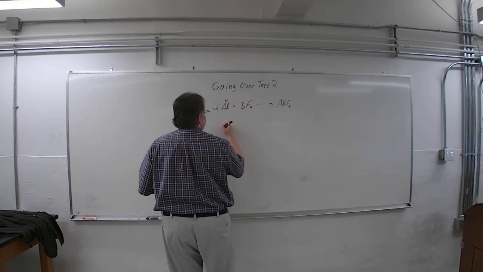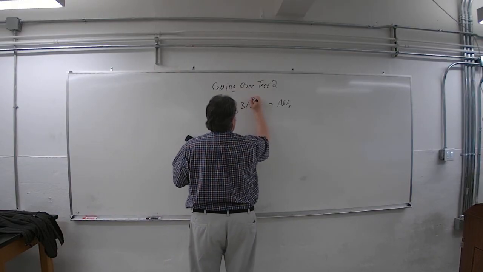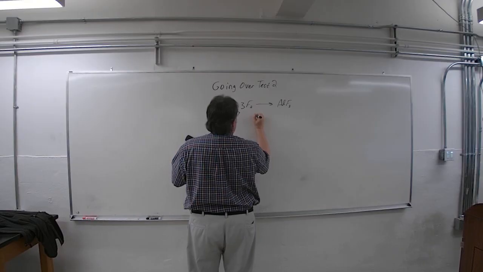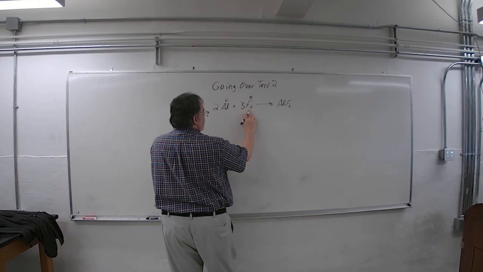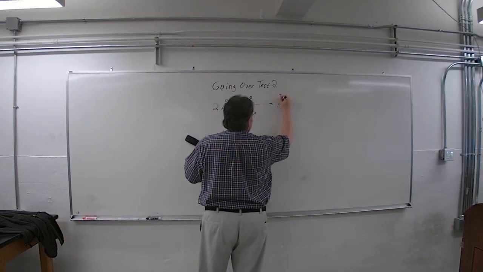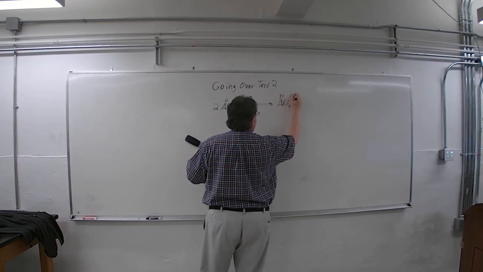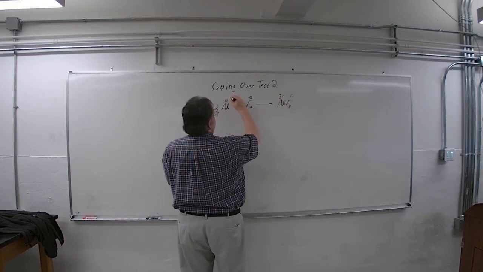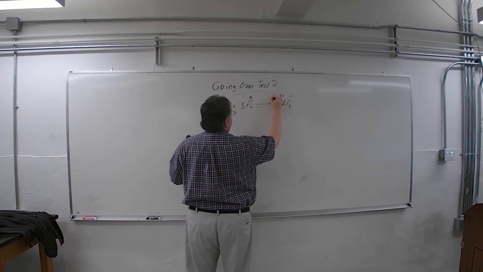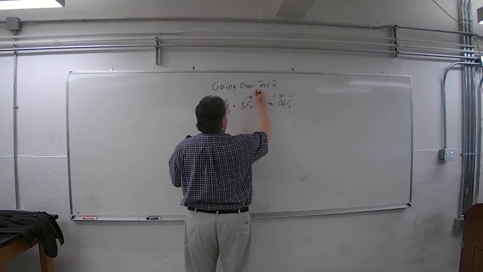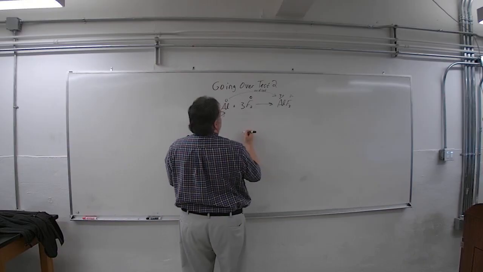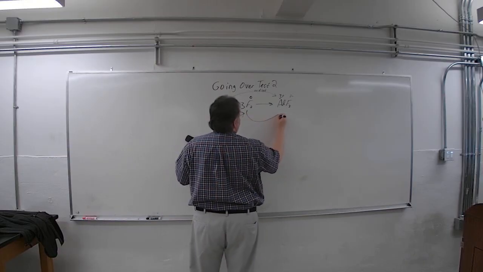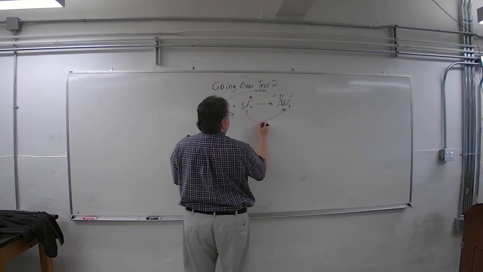Aluminum is elemental, so it's 0. This one's elemental too because it's just got fluorine in it. Aluminum is +3, fluorine is -1. So aluminum loses electrons, becoming positive. Fluorine gains electrons.